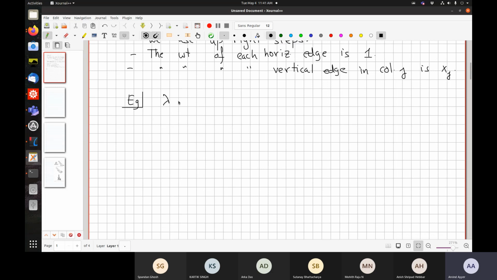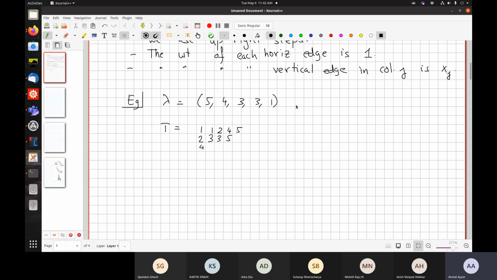So let's say lambda is (5, 4, 3, 3, 1), and let me take the tableau, which is 1, 1, 2, 4, 5. So it's weakly increasing along rows, strictly increasing down columns. 2, 3, 3, 5, 4.